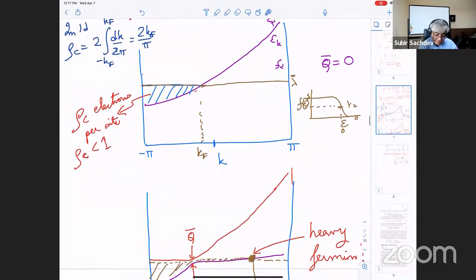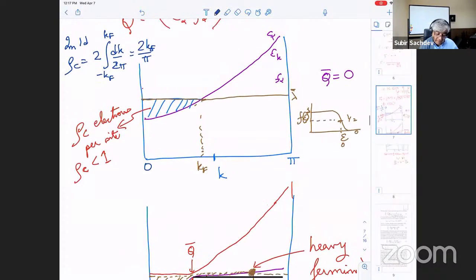Since I'm going from minus pi to pi, I assume there's a mirror image on the left-hand side, which I'm not drawing. So this band goes the other way on the side, and this k_F here is just determined by the conduction electron.